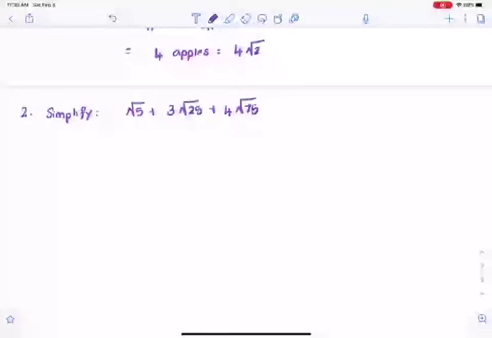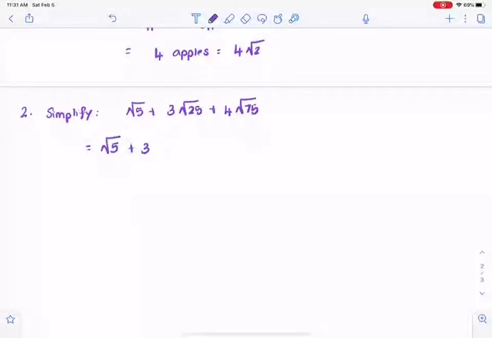We want to simplify in the sense we're just going to pull common terms out. Now, root 5, there is nothing I can do about it, so I'll just have root 5 plus 3. Root 25 is simply 5. Square root of 25 is 5.